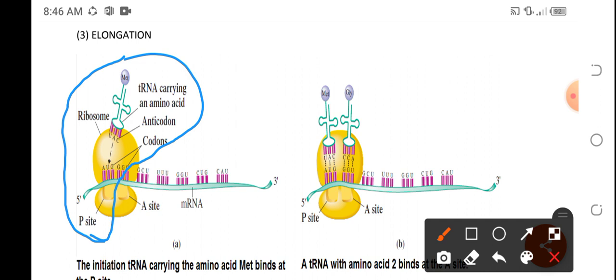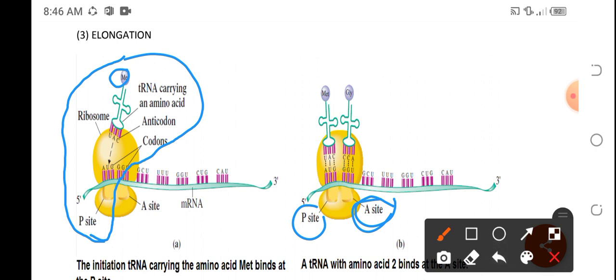It holds methionine. Now, at the A site, known as the aminoacyl site, the second codon found in the mRNA will be translated this time.